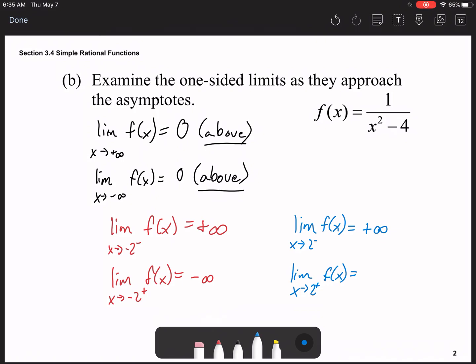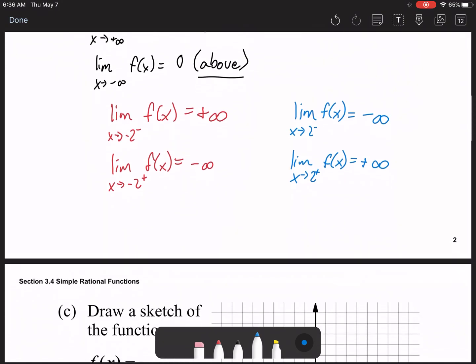And if I choose a value close to 2.001, oh, my apologies, I typed that in wrong. Let me try that again. 1.99, that gives me negative infinity. This one gives me positive infinity. So this tells us some more information about the graph as it approaches these asymptotes.